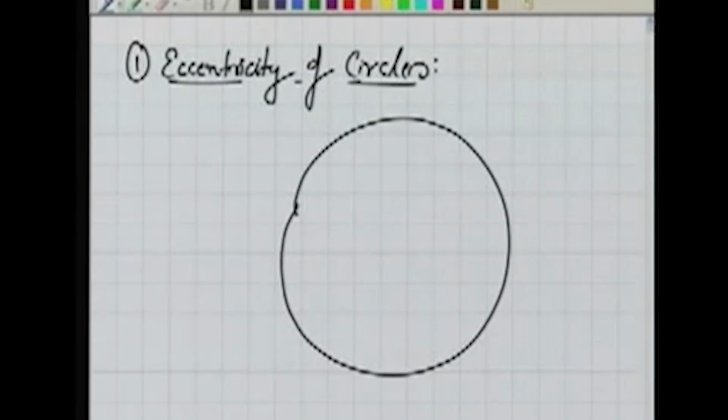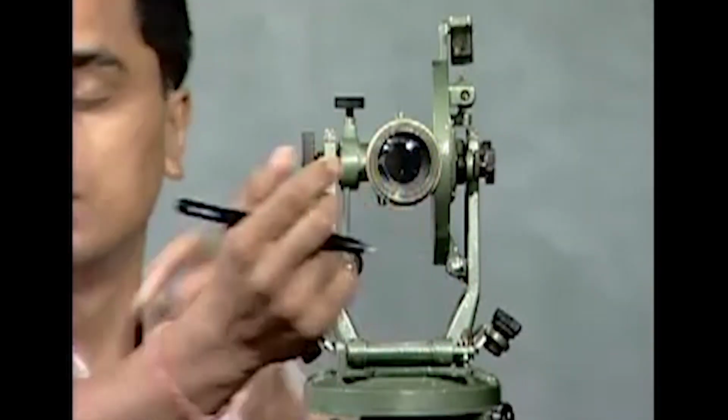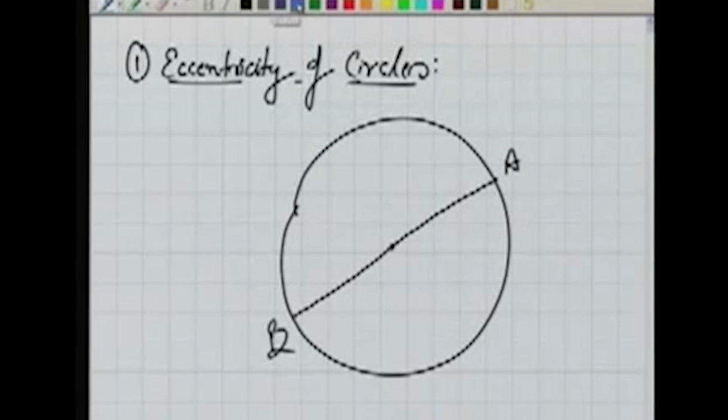That's my horizontal circle. Here, this is the center of the horizontal circle, and our vernier is also coincident with this. So in order to measure any angle, as you can see over here, these are our verniers A and B, and that's the line of sight. I can show the line of sight here like this.